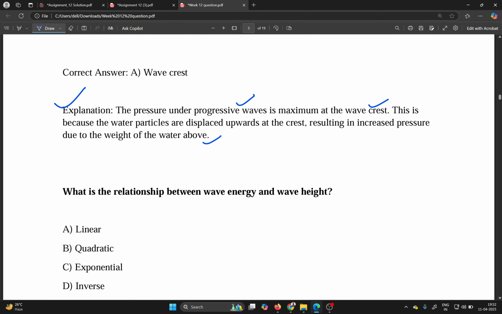Next question. What is the relationship between wave energy and wave height? Linear, quadratic, exponential and inverse. The relationship between wave energy and wave height.